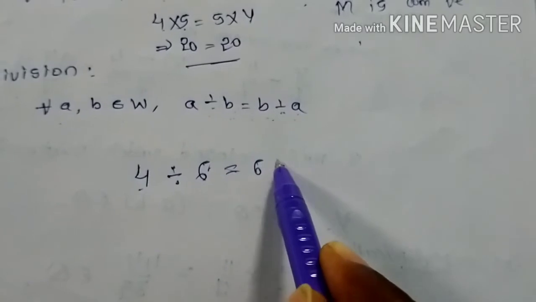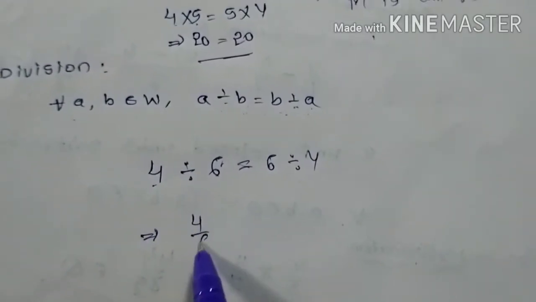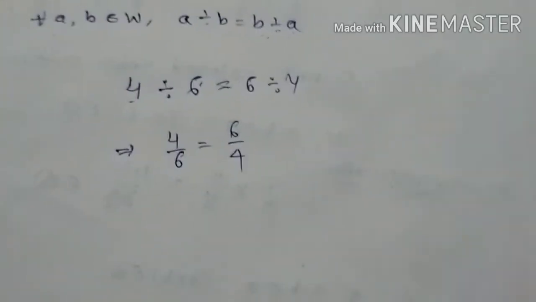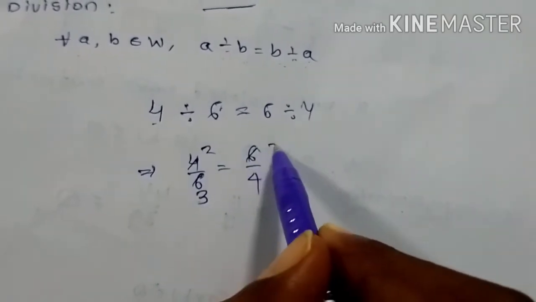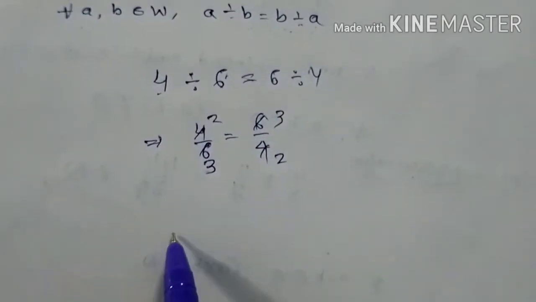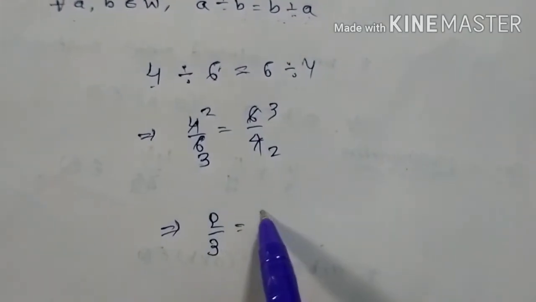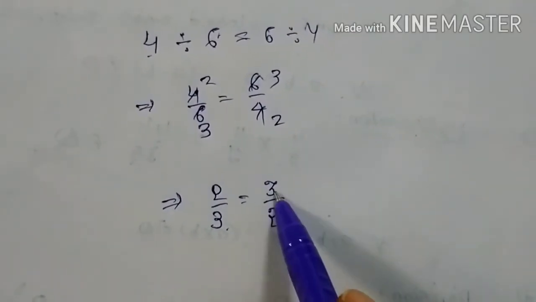That means 4 by 6 is equal to 6 by 4. Here 2 twos are 4, 2 threes are 6, and 2 twos are 4, so you can simplify. That implies 2 by 3 is equal to 3 by 2. Can you say 2 by 3 is equal to 3 by 2?